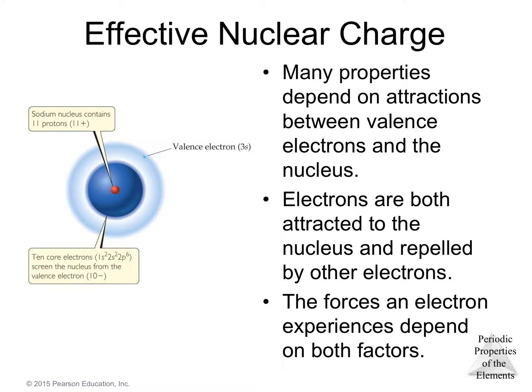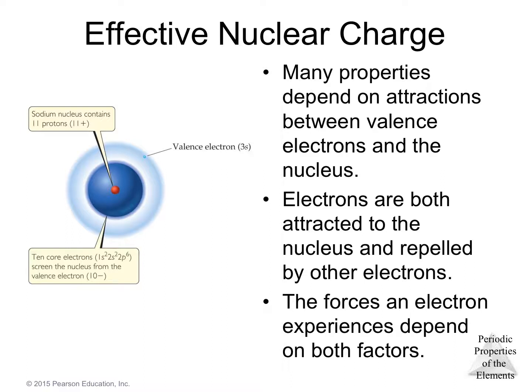We learned way back in Chapter 2 about Coulomb's law. This said that the force between 2 charged particles depends on the amount of charge and the distance between them. That comes into play very much when we start talking about nuclear charge. Nuclear meaning the nucleus, and the charge refers to the protons within the nucleus.